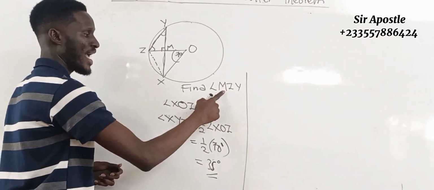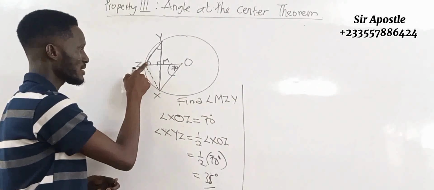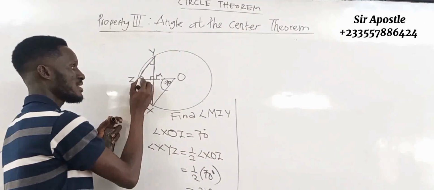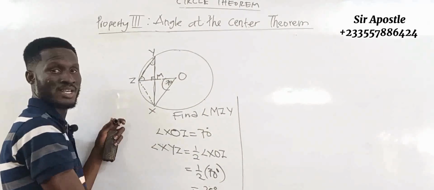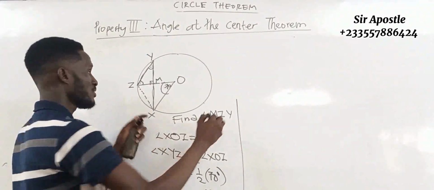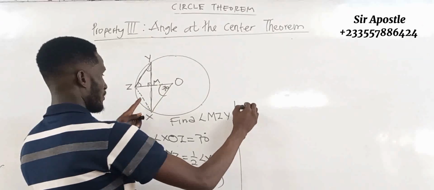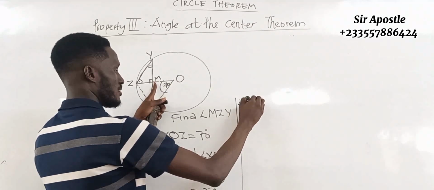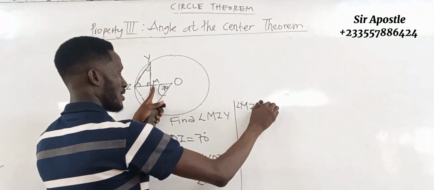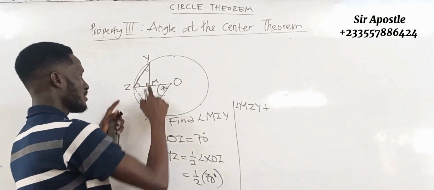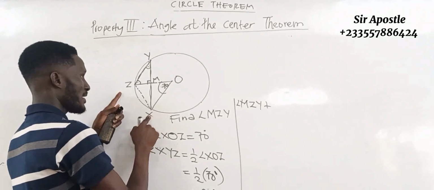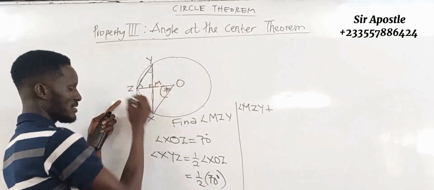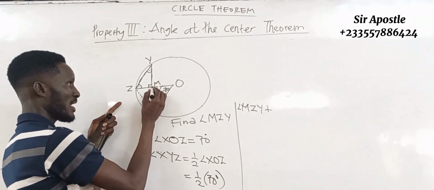Now after this, how are we going to get MZY? MZY is here. As we said, this one plus this one plus this one is supposed to give us 180 degrees. It forms a triangle. So angle MZY plus this angle. Angle XYZ, that is 35, is the same as angle MYZ.